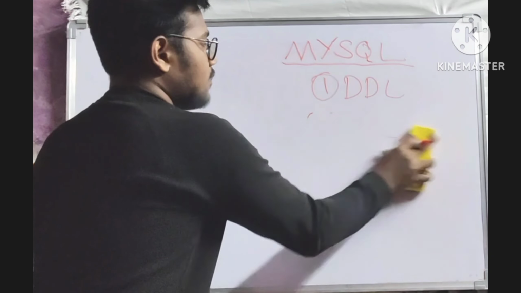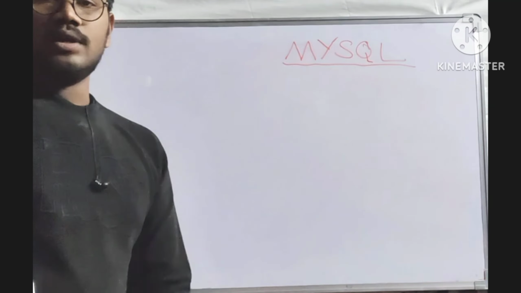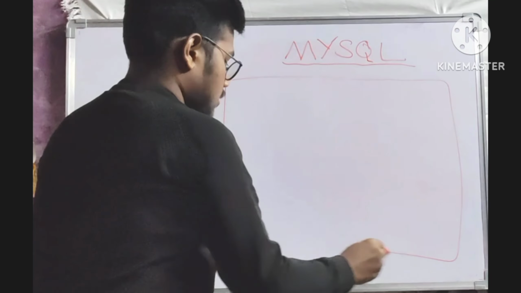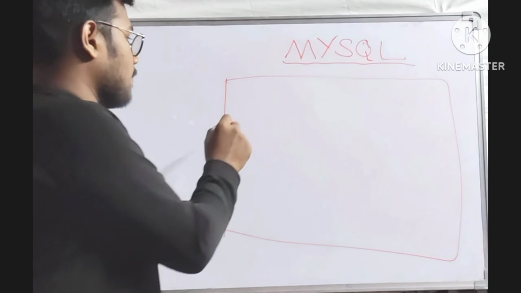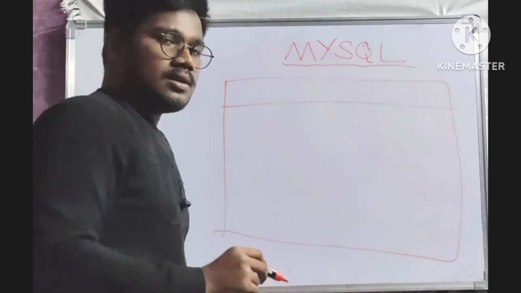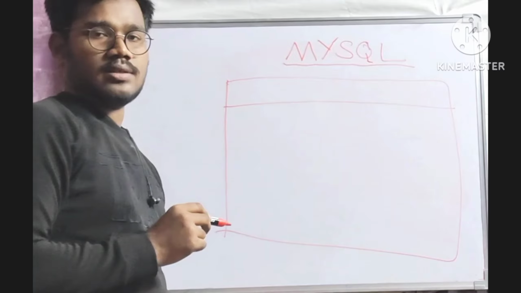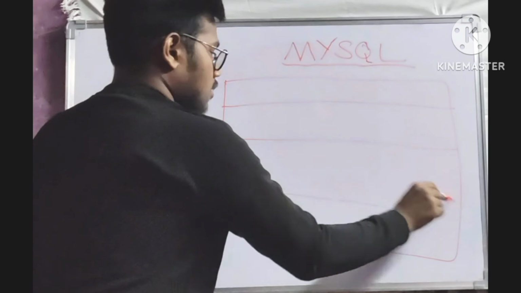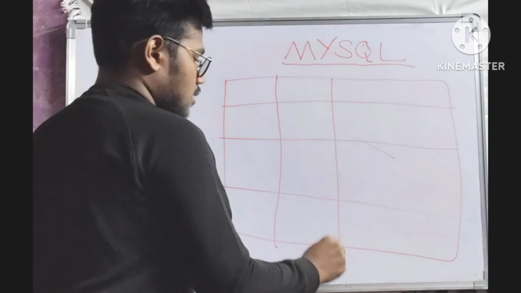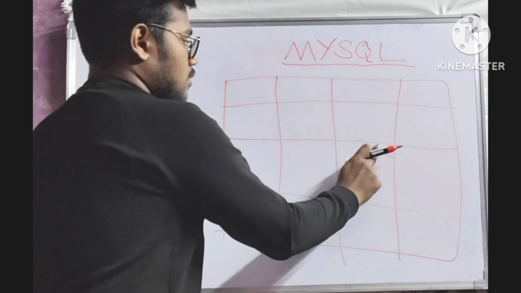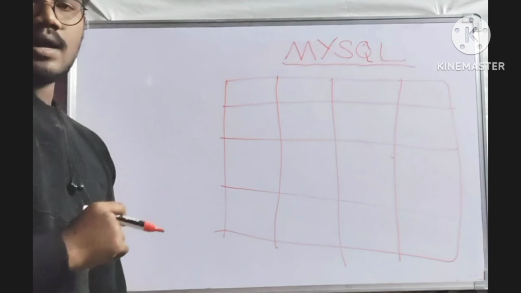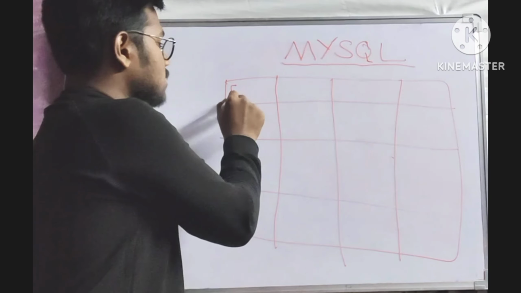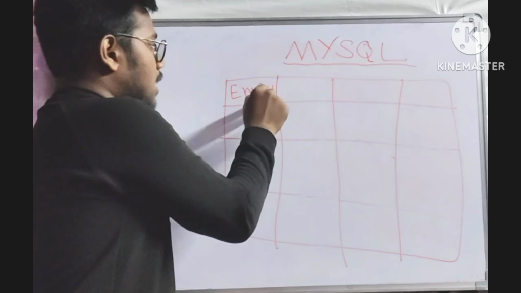Suppose we have a table employees. In this employees table, it looks like this. As we already discussed, the data is structurally organized in the form of an Excel sheet. So the data is organized in the form of rows and columns. So this is the employee table. In this employee table, the first column name is the employee ID.